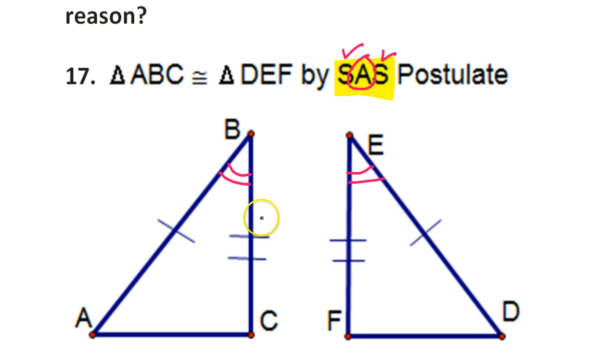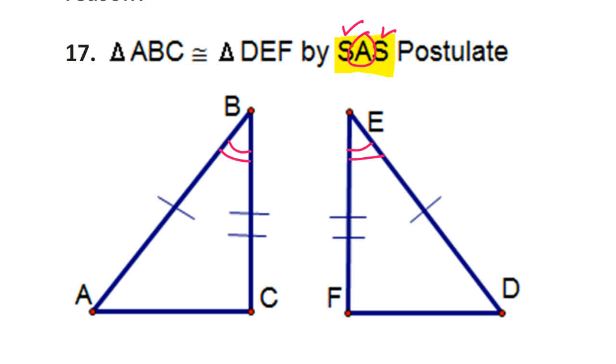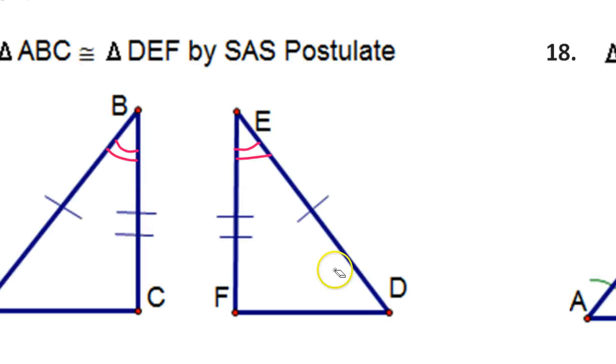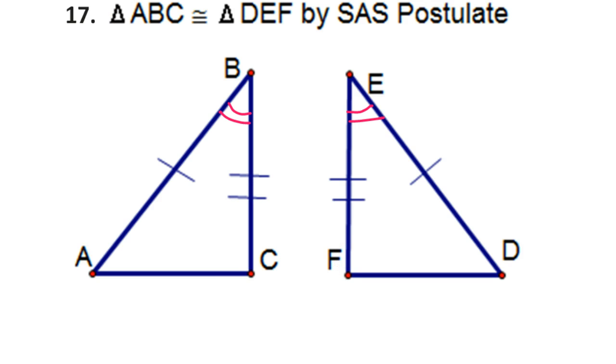So to be able to use side angle side, we would need angle B to be congruent to angle E. All right, are they giving us a place to write it down? No, so I'll just put it here. We would need angle B to be congruent to angle E.